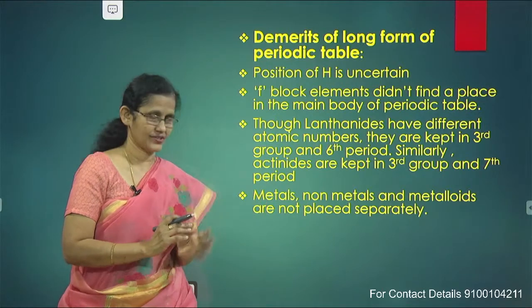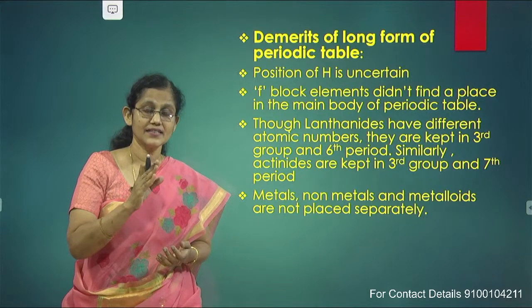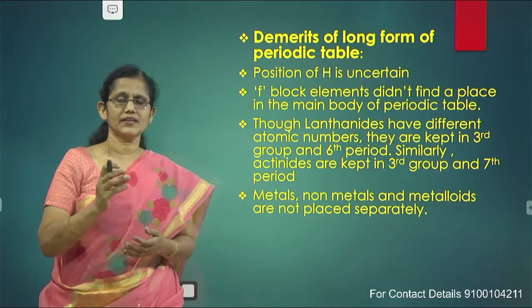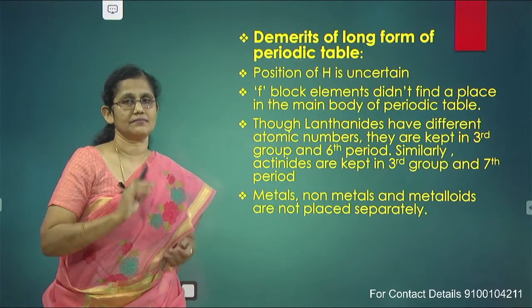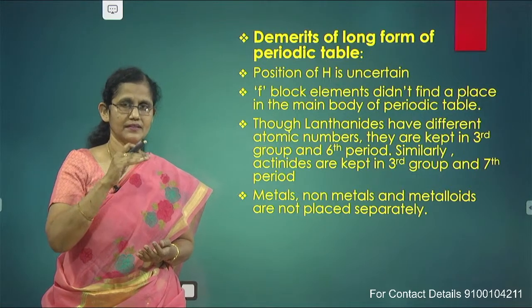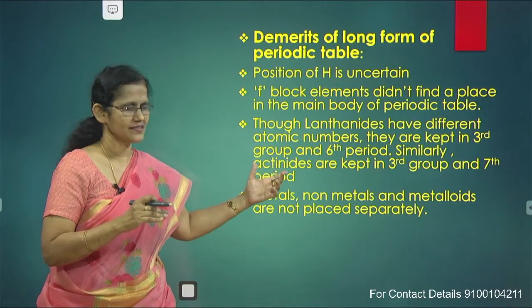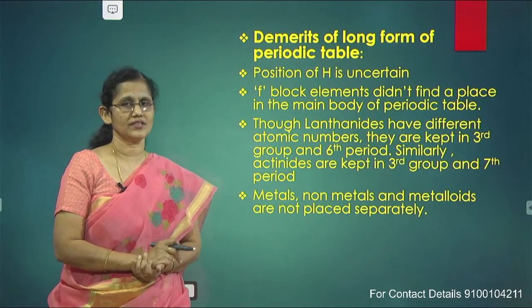Similarly, actinides have different atomic numbers from 90 to 103, but they are all placed along with actinium in 7th period, only in 3rd group. So lanthanides and actinides did not find correct position in this long form of periodic table.